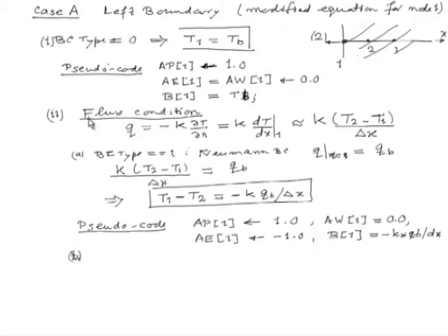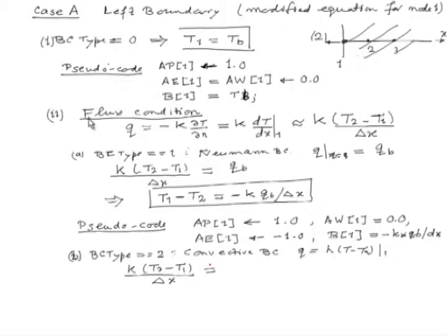Now, the next possibility is the last one, our convective boundary condition, which stands for BC type in our code. We have set that as 2, our integer flag. So, this stands for convective BC. Q is equal to H into (T minus TA) at node 1. So, that simply means k times (T2 minus T1) divided by delta x is equal to H times (T1 minus TA).